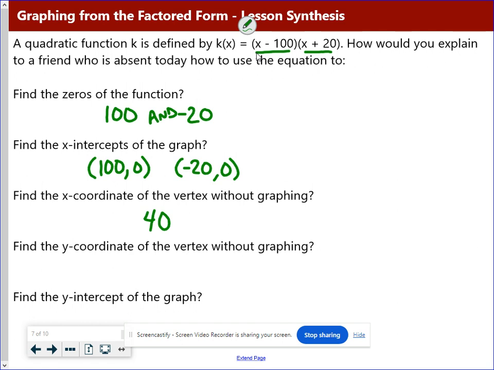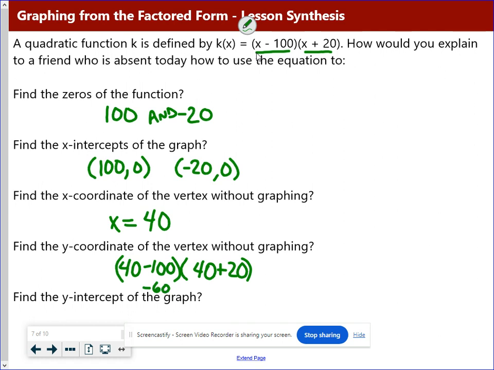Finding the y-coordinate of the vertex without graphing would mean I'm going to take this number and substitute it into both of the factors. So I would put 40 minus 100 and 40 plus 20. Again, neither one of those are very difficult, but you could certainly use a calculator. 40 minus 100 would be negative 60.